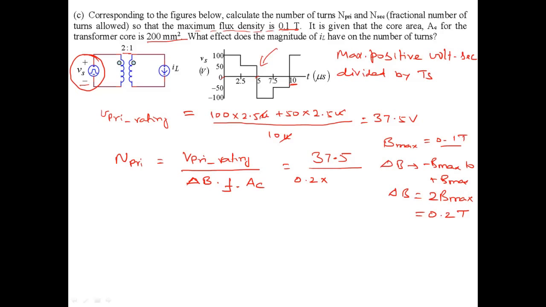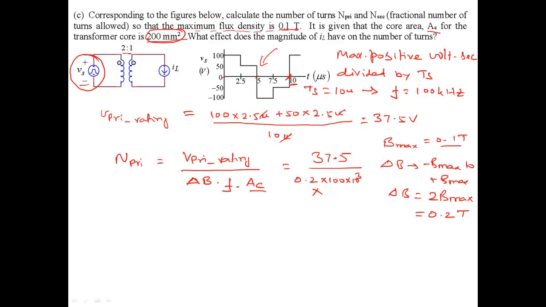Frequency: you look at the waveform here, the period is 10 microseconds, which implies the frequency is 1 over 10 micro, or 100 kilohertz. So that would be 100 times 10 to the 3, times Ac. Ac is the core area, which is given in the problem statement as 200 square millimeters.